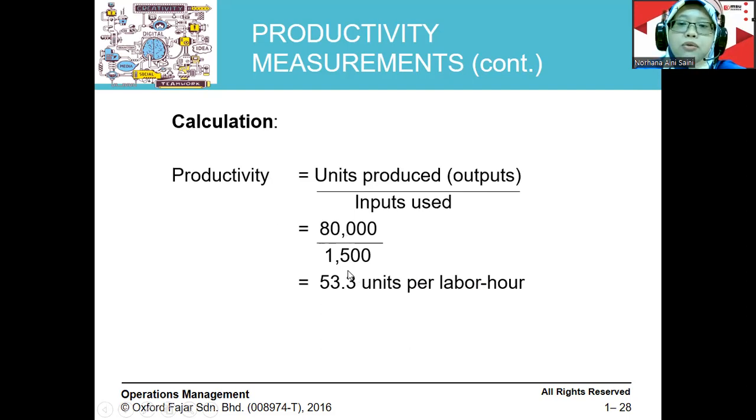If you don't write units per labor, this is wrong. You write 53.3 only, this is wrong. It must come together: 53.3 units per labor hour, because the calculation is units per labor hour.